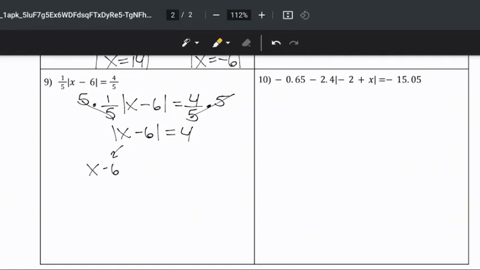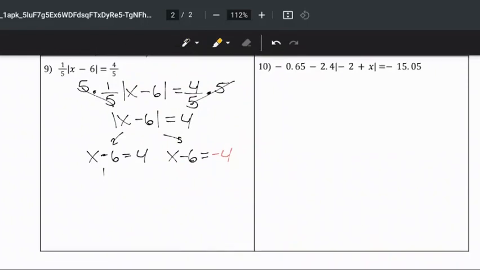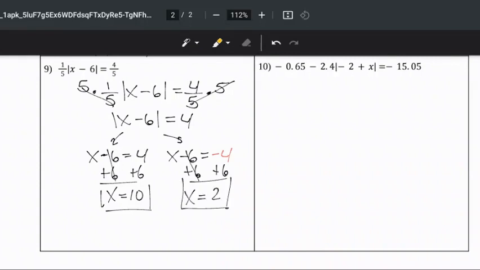And now we can split. x minus 6 equals 4. And x minus 6 equals negative 4. Okay. So now we go ahead and solve. We add 6 to both sides. x equals 10. Add 6 to both sides. And we get 2. And there's our final answer.